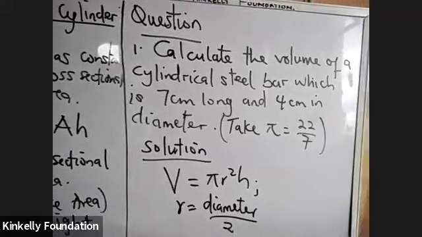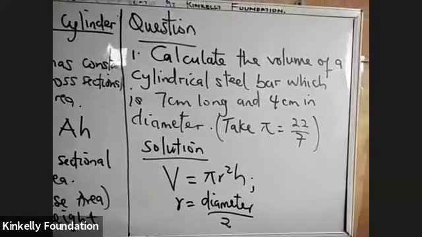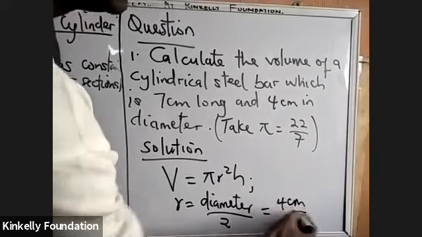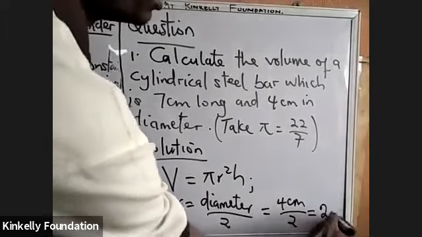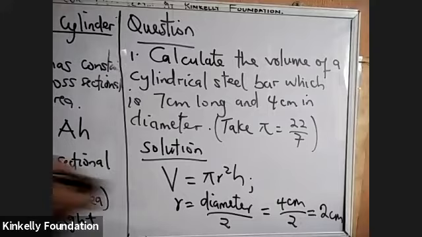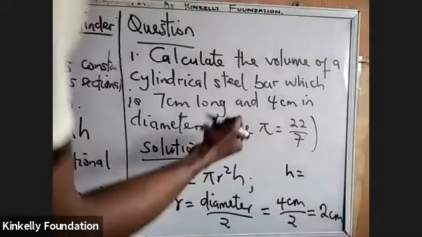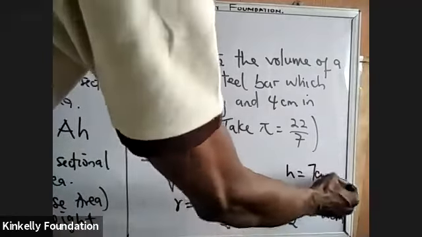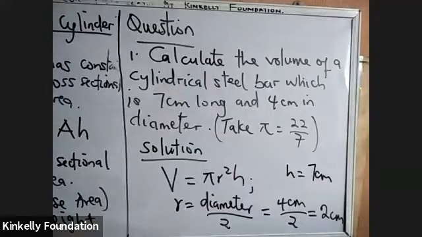So our r will be 4 cm divided by 2 to give us 2 cm. We are also given that the height, h, which is the length of that bar, is 7 cm. We take note of all these parameters and solve our problem in our next slide.